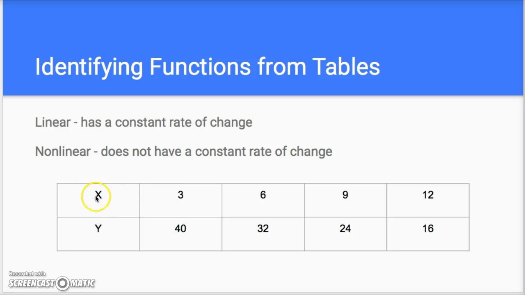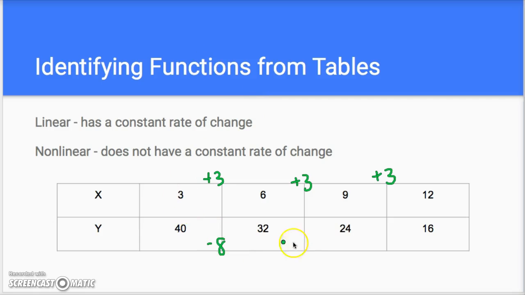So here we have an XY table. And if you notice, your X values are 3, 6, 9, and 12. So those are increasing by 3 each time. And then if you look at your Y values, we have 40, 32, 24, and 16.